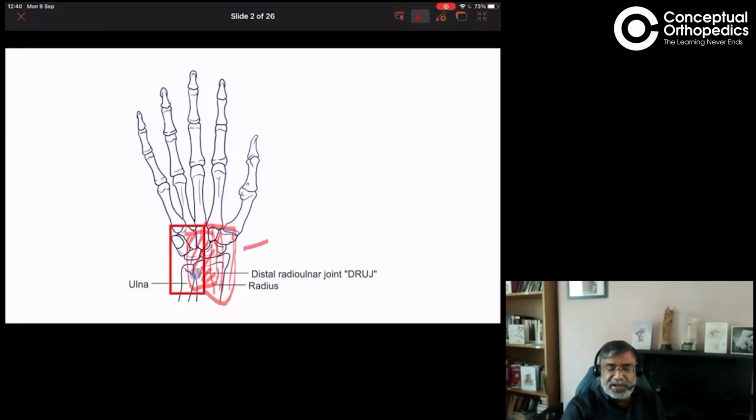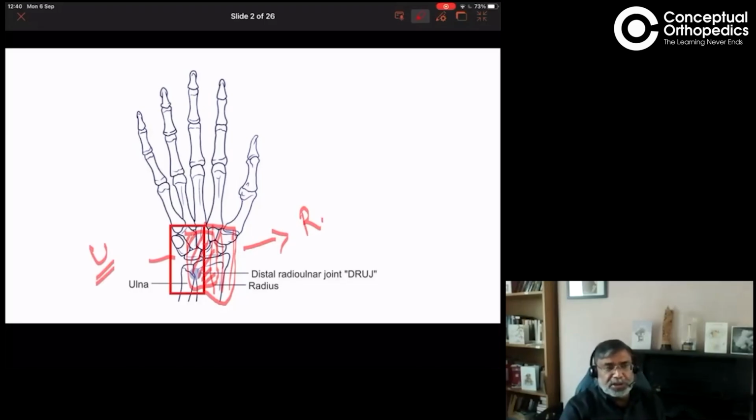So radial sided, we have discussed in detail what can be the causes for that, and it is relatively easy on radial side compared to your ulnar side. And the main problem is that ulnar side, not only the anatomy is complex, but they are all interrelated to each other.